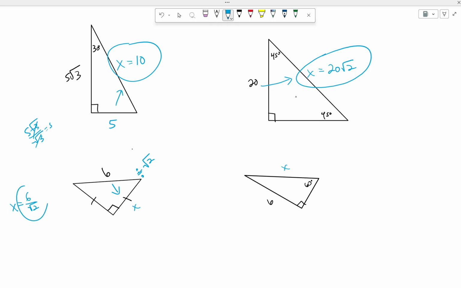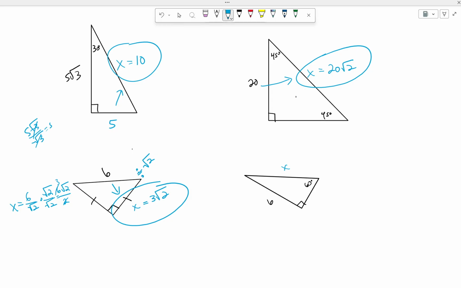But we can't leave it like this. That's not correct. You'll get points deducted. So I'm going to multiply by rad 2 over rad 2. I'm multiplying by 1, which is going to be equal to 6 rad 2 over 2, since rad 2 times rad 2 is 2. And I factor these to be a 3. So x is equal to 3 rad 2.